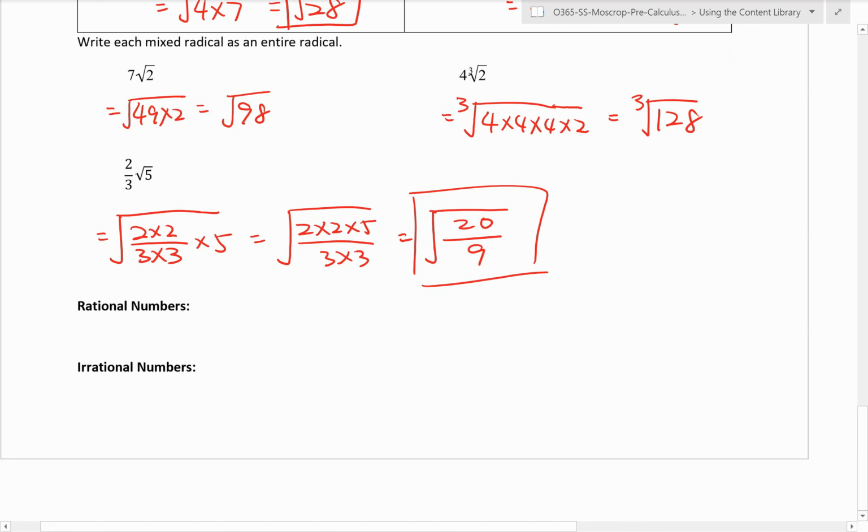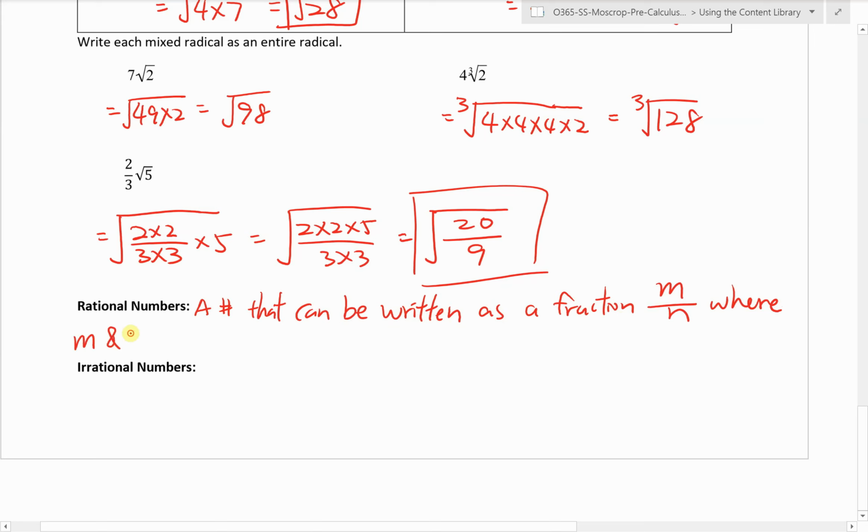The last thing we need to talk about today is some definitions: rational numbers and irrational numbers. I'll give you a formal definition of a rational number, and then I'll give you an everybody-understands language to explain what a rational number is. A rational number, by definition, is a number that can be written as a fraction m divided by n, where m and n are both integers.